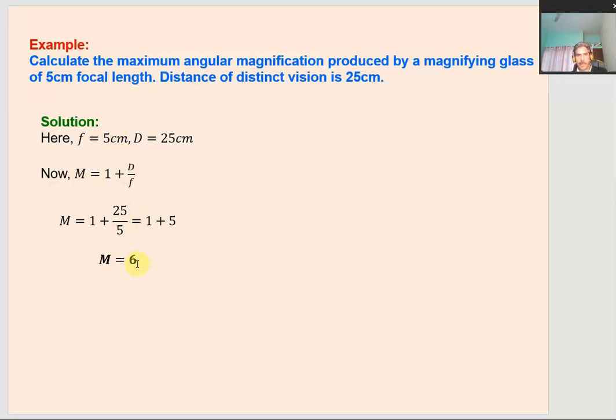So the simple microscope, which is a convex lens of 5 centimeter focal length, produces an image which is 6 times larger than the object. This is the purpose for which we make use of a microscope.